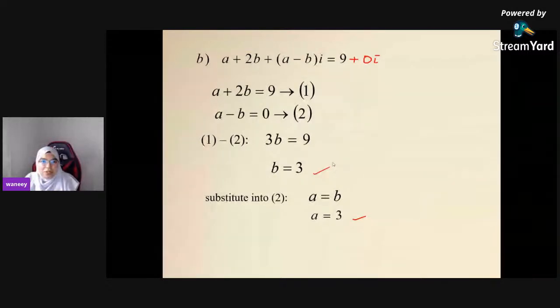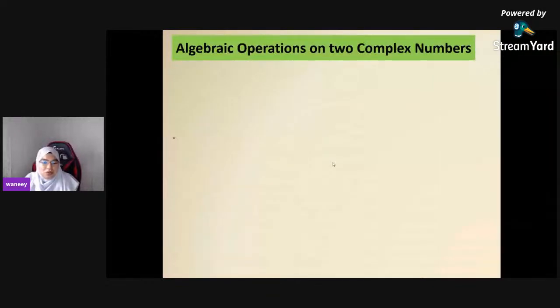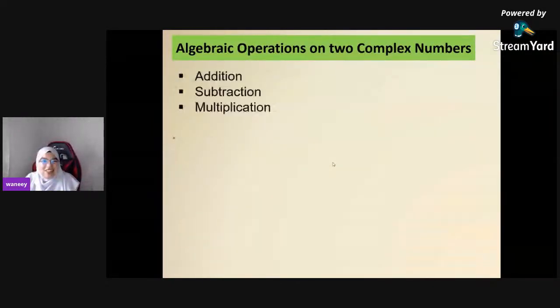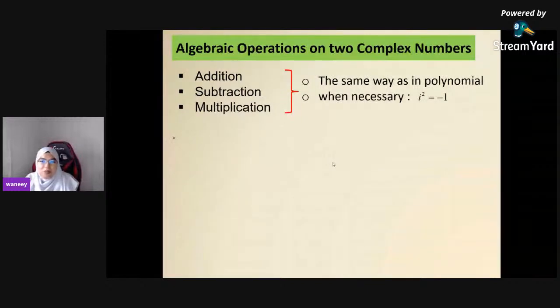Okay, so let me proceed with the next one. Algebraic operation on two complex numbers. Now we can do addition, subtraction, and multiplication with complex numbers, the same way as in polynomial. However, you have to make sure that the highest power of I should be 1.